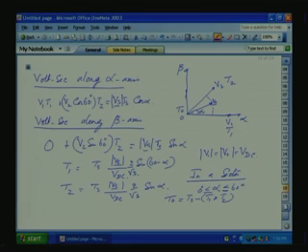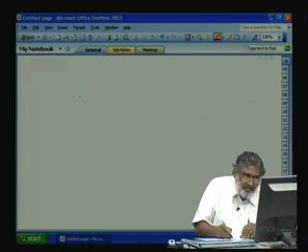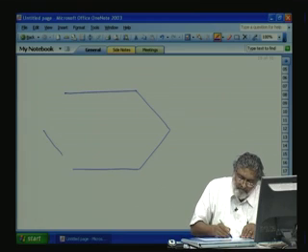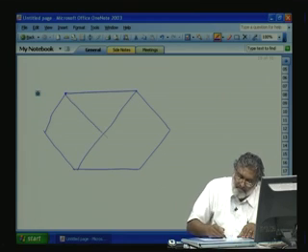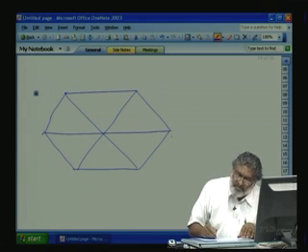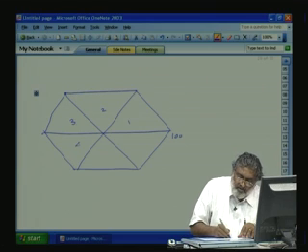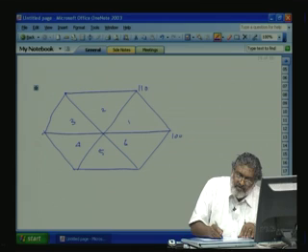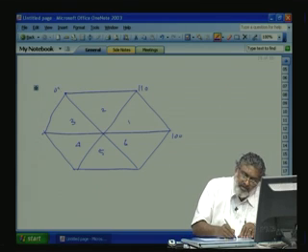So, how can it be done? Let us go back to our sector again and draw the sector. This is sector 1, 2, 3, 4, 5, 6. 1 0 0, 1 1 0, 0 1 0.